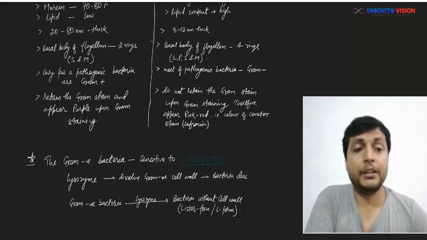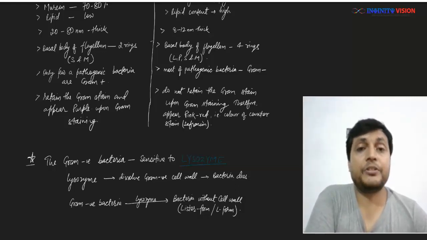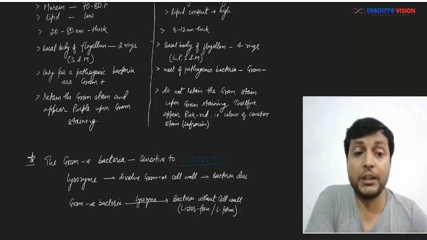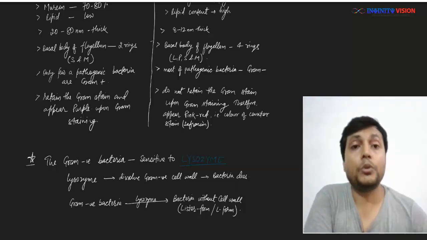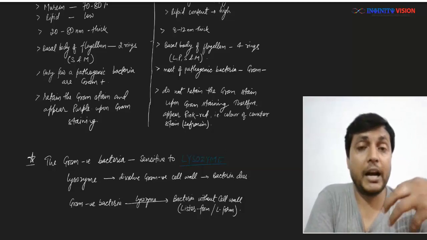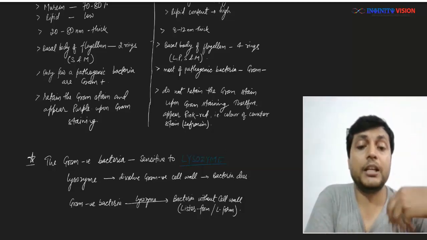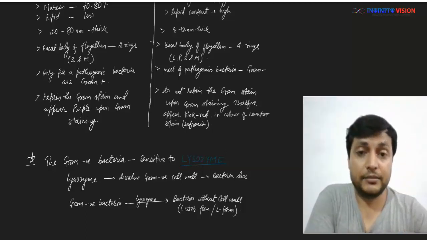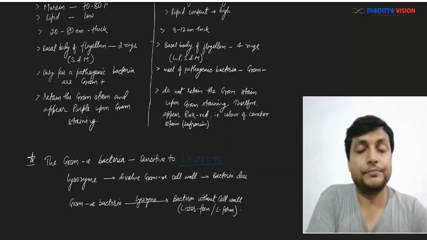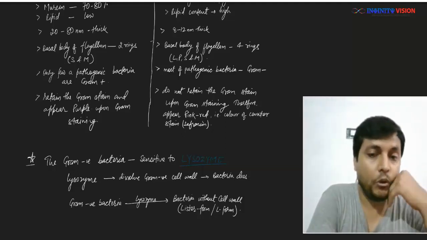You will be surprised to know that lysozyme is found in our saliva and is present in our tears, and that's why when a bacteria goes into our eyes or our mouth, it is killed by the lysozyme. So this was glycocalyx and cell wall.